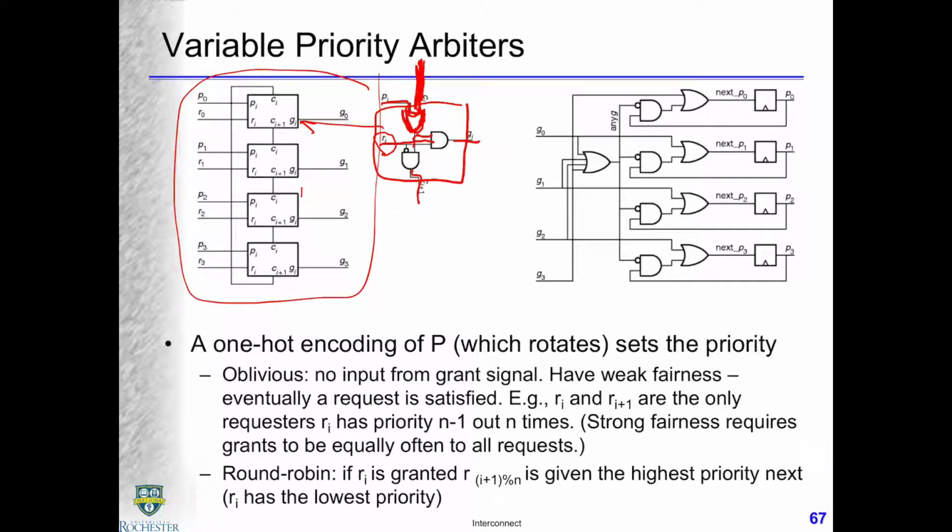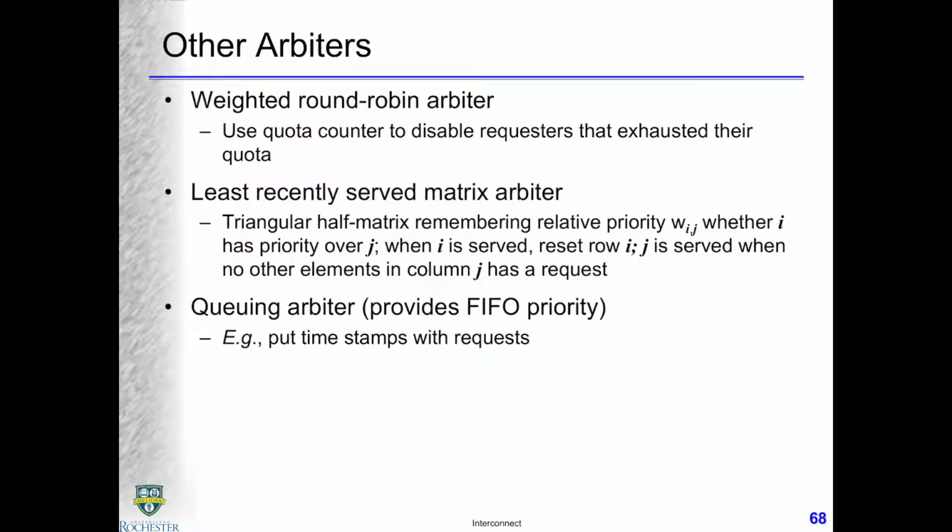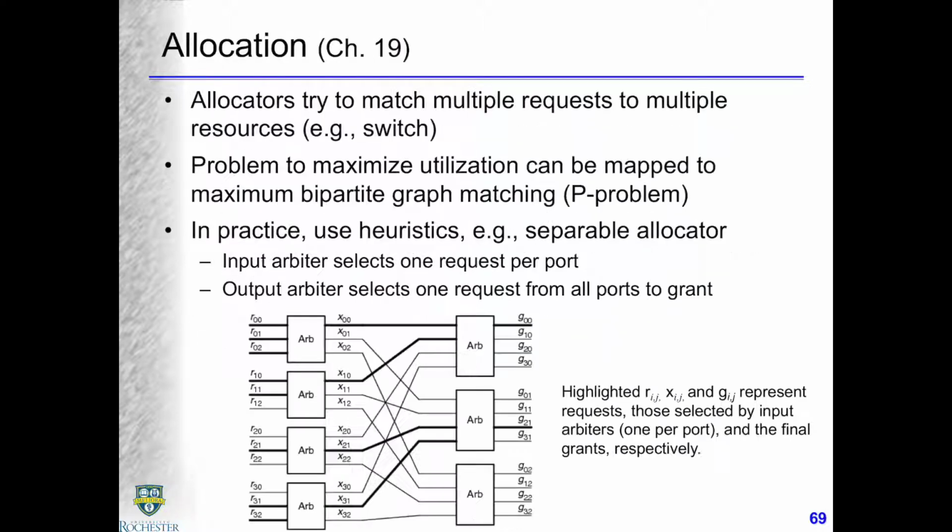If you want this to be the high priority guy, you would go 1 0 0 0, and that's the priority. So request 1 will have priority, and you can have a different random priority vector, rotating vector, whatever you want to do. So these are some examples of arbiters. You can do other types of arbiters, and read the textbook for detail.